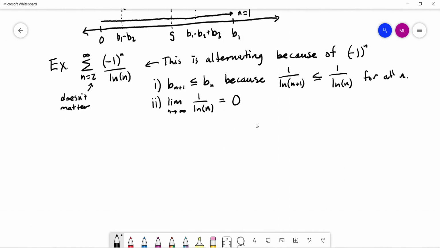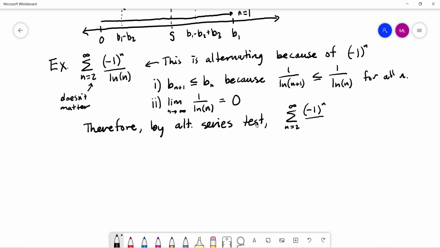Because of both of those, by the alternating series test, the series converges. Let's just write out the series. The sum from n equals 2 to infinity, -1 to the n over the natural log of n converges.